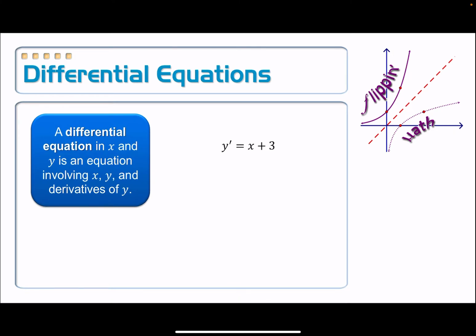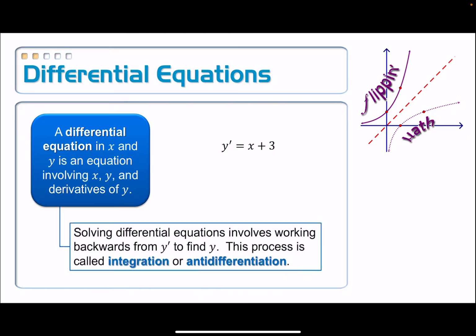So here's an example: y prime is equal to x plus 3. That's a differential equation; it has x's and a derivative of y in it. The process of working this backwards to find y is your main goal whenever you have a differential equation. That process is called antidifferentiation, or sometimes integration.